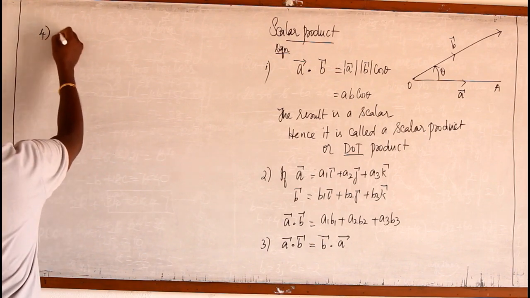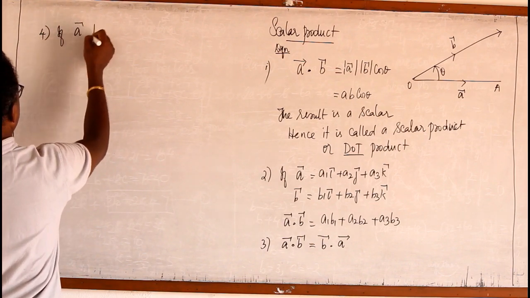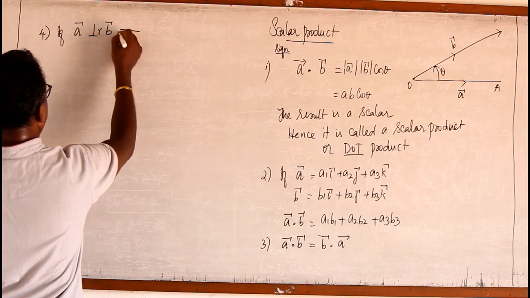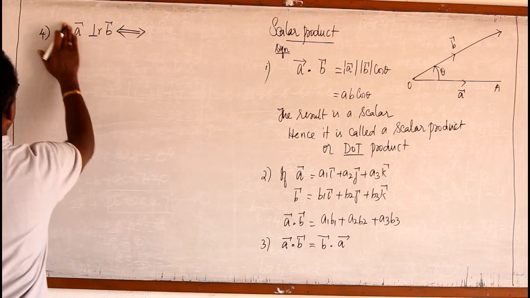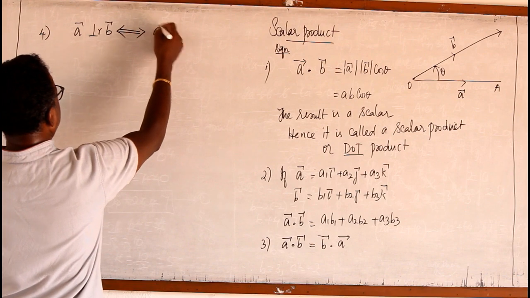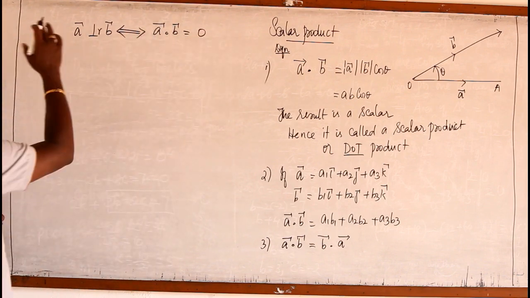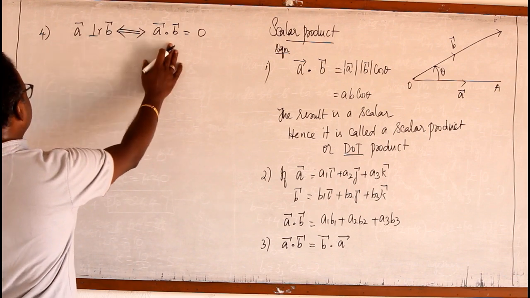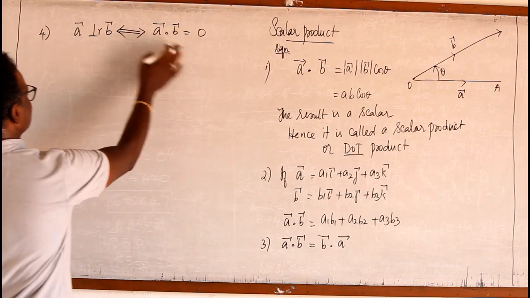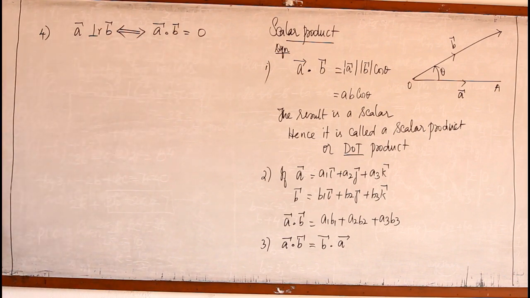The most important is, A vector is perpendicular to B vector if and only if A dot B equals 0. So if A and B are perpendicular, the dot product is 0, or if the dot product is 0, then the vectors are perpendicular.